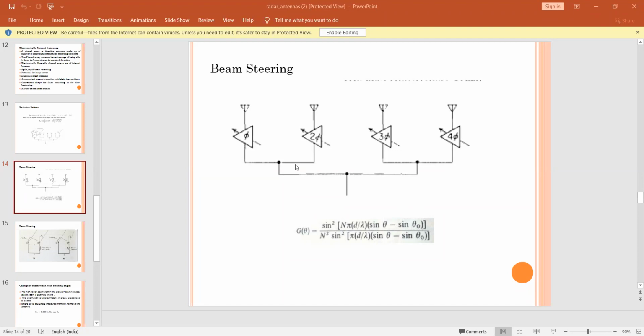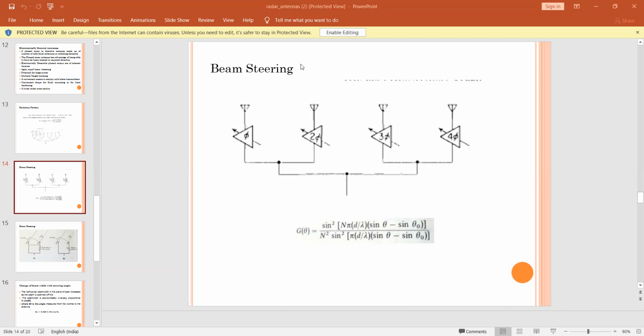If the power is equally divided among all the elements, and if the loss at each phase shifter is called LPS, then the entire loss in the parallel feed network is also given by LPS.